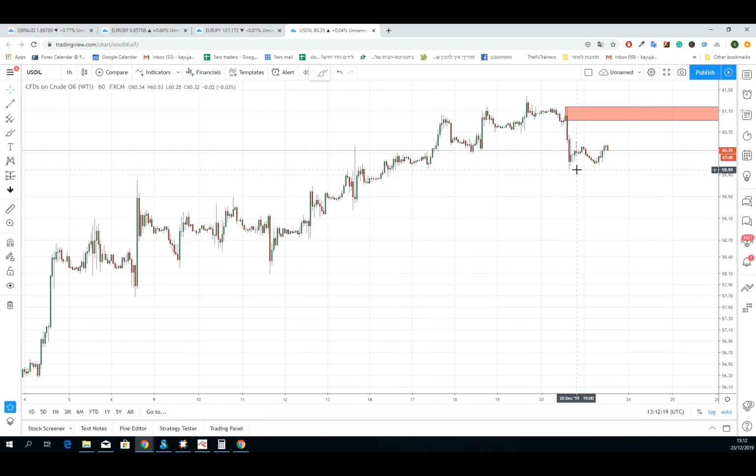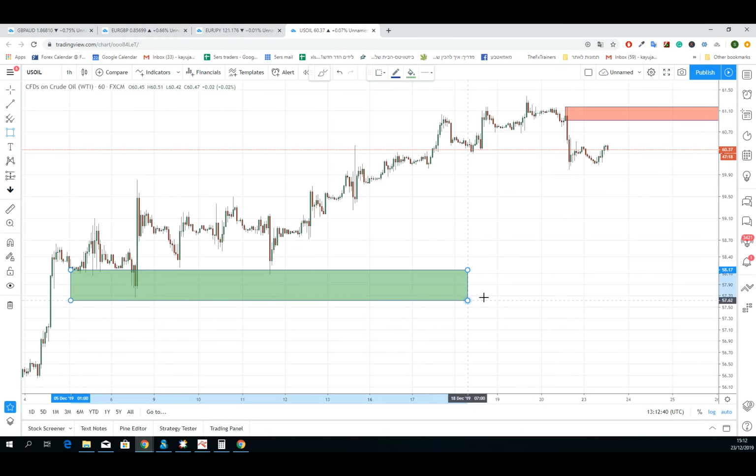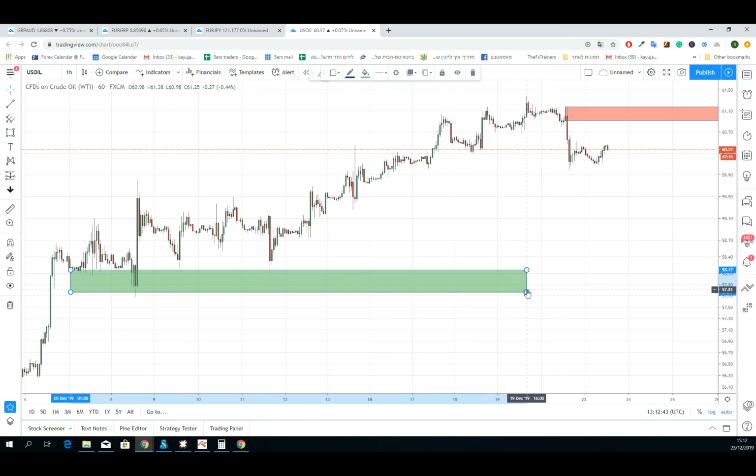It gives us a clue and indicates that the price will most likely keep moving down, at least to this support below. So I'll just put a line here, on this support level.